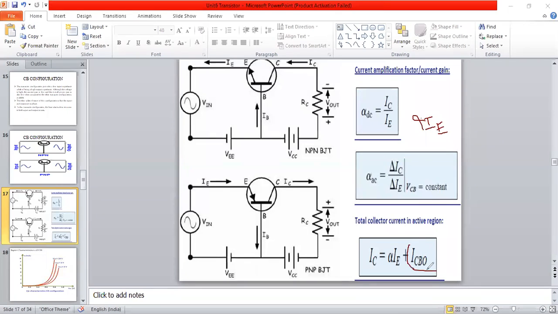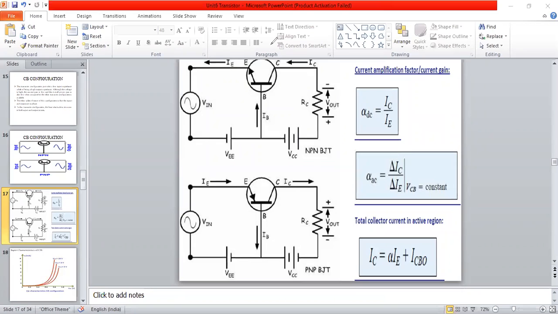So alpha IE plus ICB naught is the collector current in the active region.